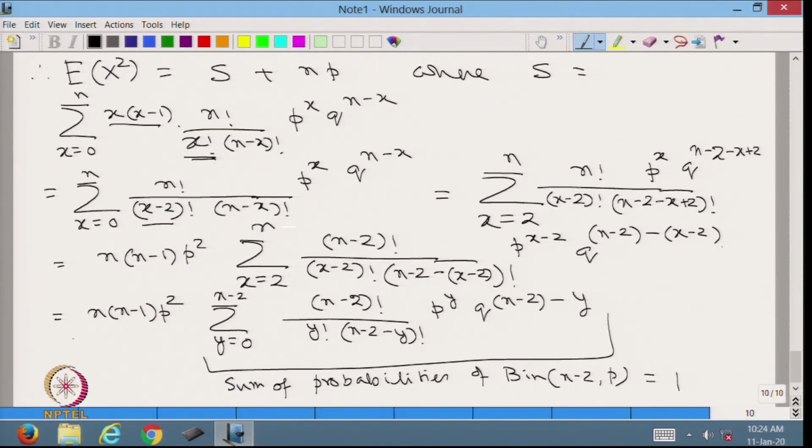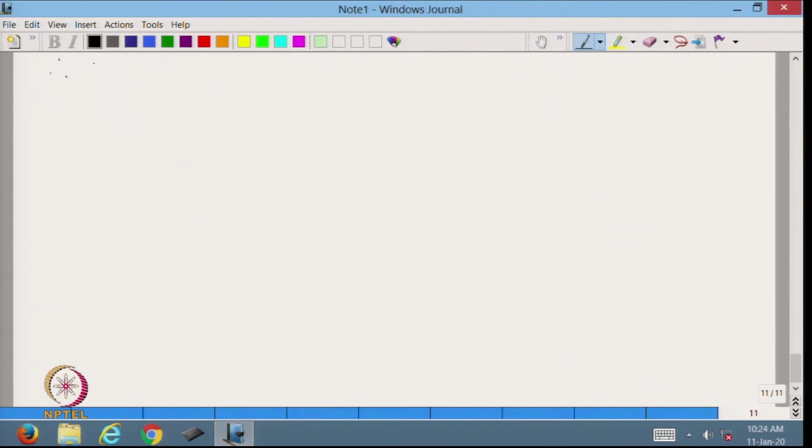Therefore, S comes out to be n into (n minus 1) p square. Therefore, the expected value of x square is equal to n into (n minus 1) p square plus n p, which is equal to n square p square plus n p minus n p square.